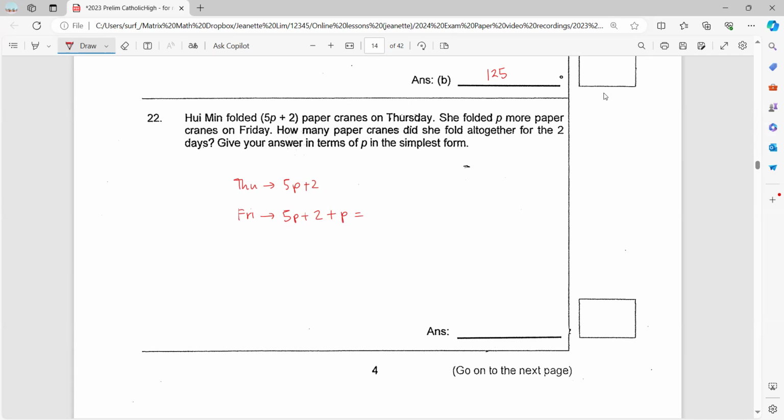So we'll get 6p plus 2. But you want all together, so let's add both days up. Add up all the p's, all those with p. 5p, 6p, that's 11p. 2 and 2, 4. So 11p plus 4.